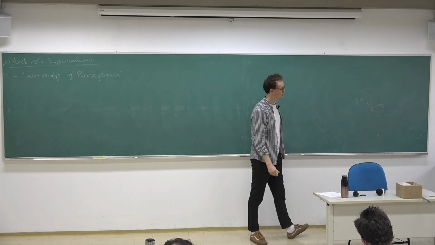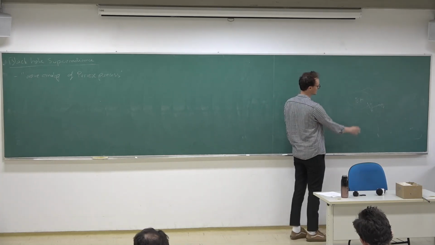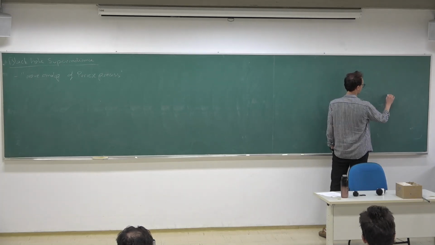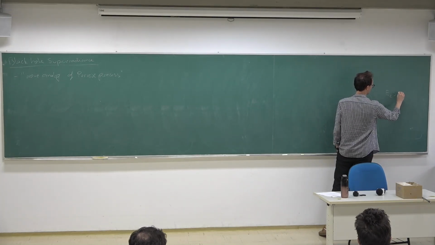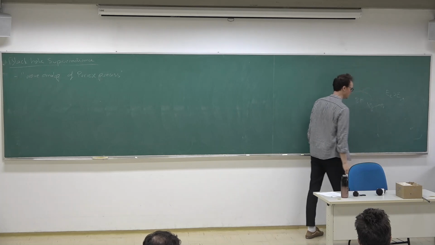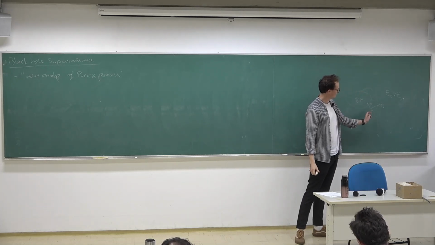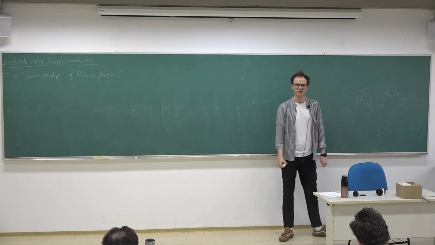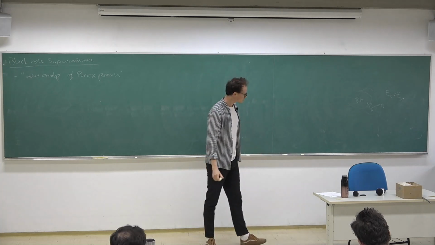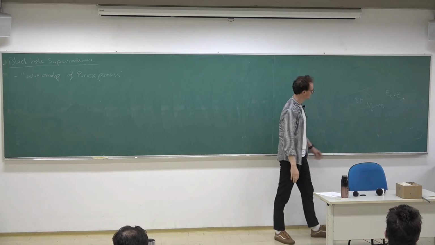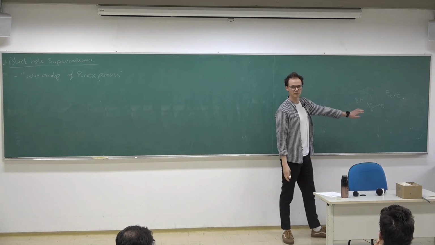You can set up this decay inside the region in such a way that the energy E2 is larger than the energy E1, meaning the energy you put in with particle 1 is smaller than the energy you get out in particle 2. So you're conserving energy in the sense that you're extracting energy from the black hole through this process.